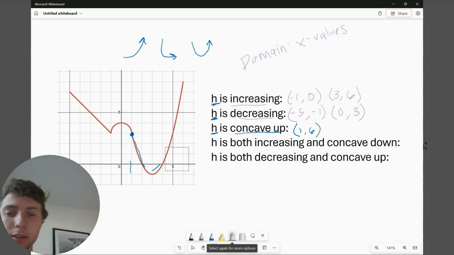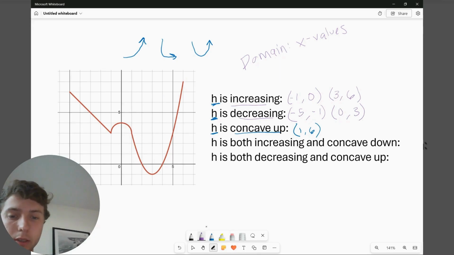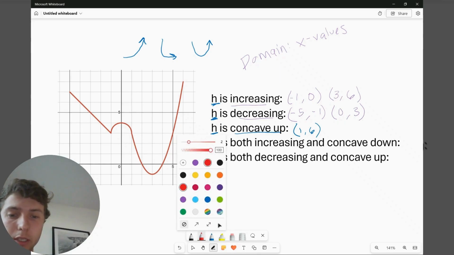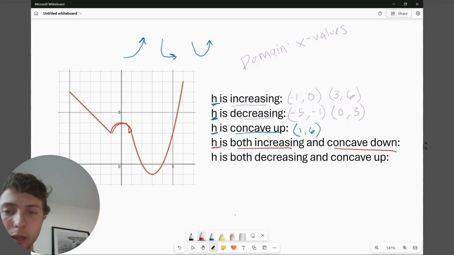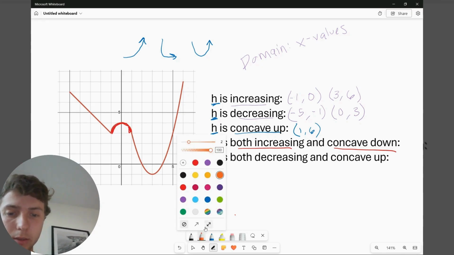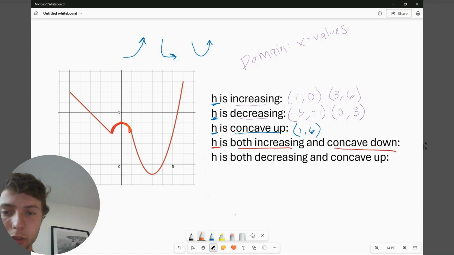Let's go ahead, let's look at those next 2 parts. The function h is both increasing and concave down. You might look at the concave down part. That'd be right here. Red probably was not my best choice in color. Let's go orange. I don't know if that's any better, but we'll use it.